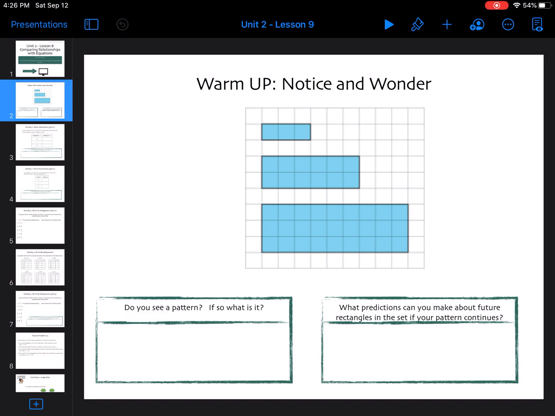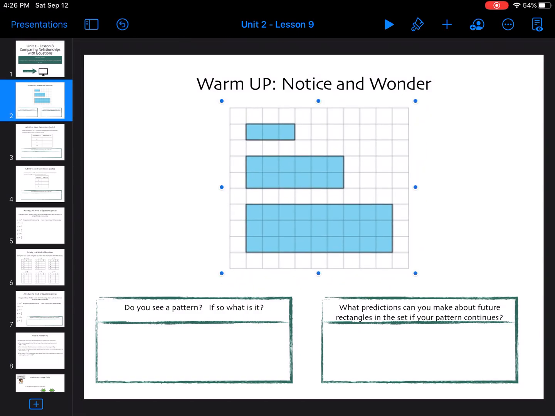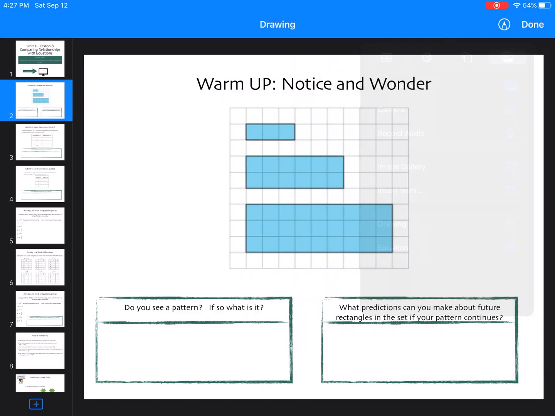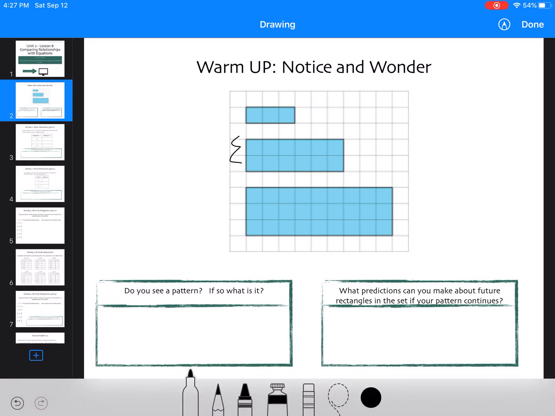So we have a notice and wonder. Do you see the pattern? If so, what is it? So it looks like it doubles both ways, and then it tripled.